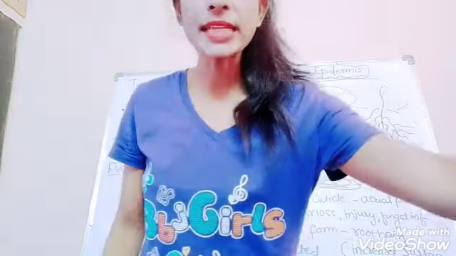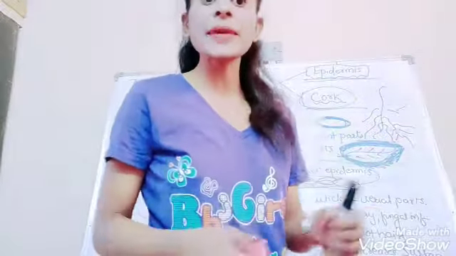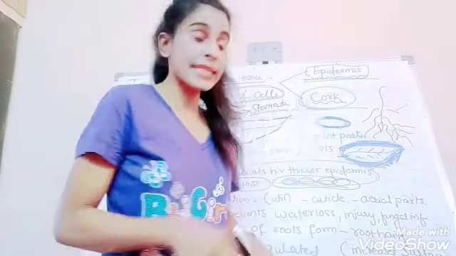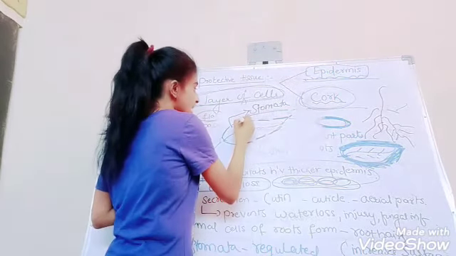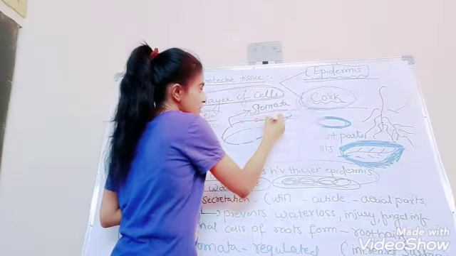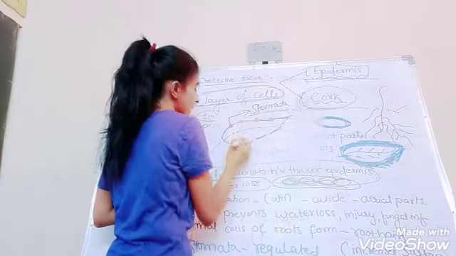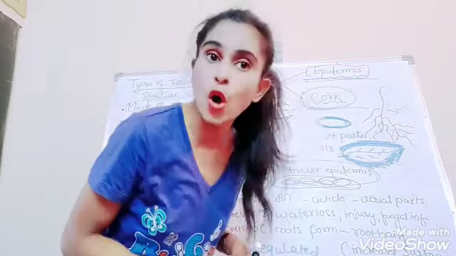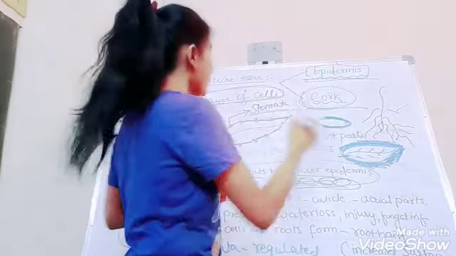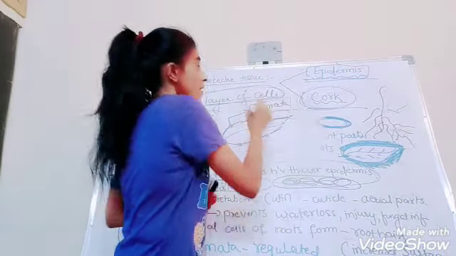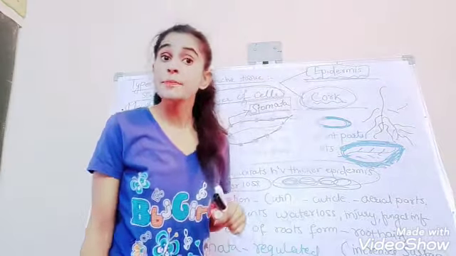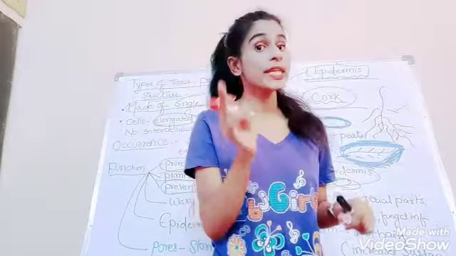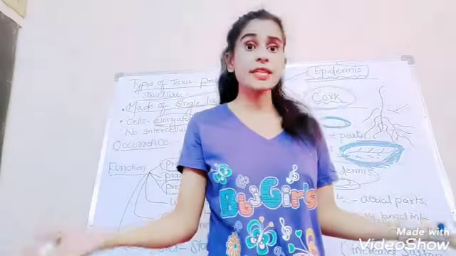Understood? What is that pore called? So the epidermis is not going to cover the entire leaf. It has left some space, some gaps in the form of pores. Can you see it? And that pore is nothing but stomata, and through this stomata, respiration takes place.